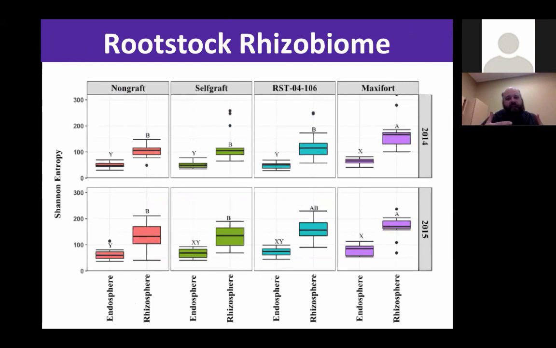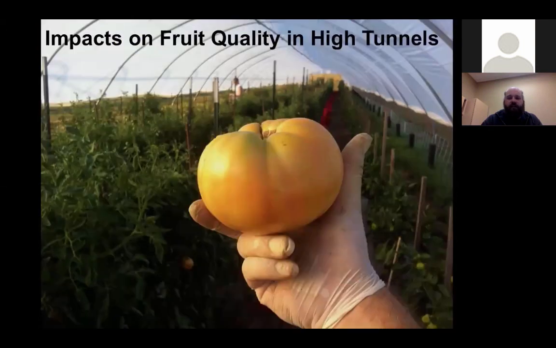And what could be happening is as a result, we've seen that there is actually a higher microbial diversity in the root system of these grafted plants as compared to our non-grafted controls. And so that's kind of an interesting finding and a new finding that we just published earlier this year.